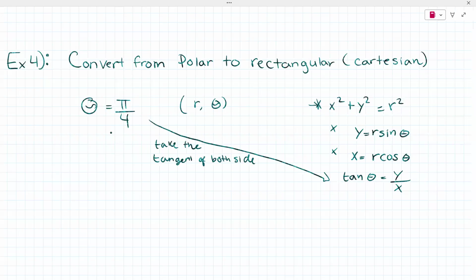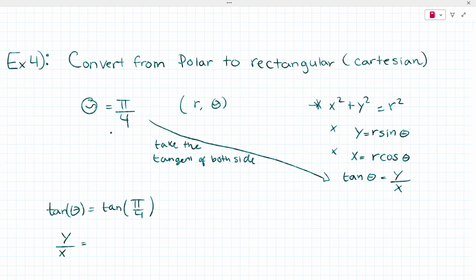right? You have to do it to both sides because it won't change the problem. If you do it on one side, you have to do it on the other side. That's the rule. So tan of theta equals tan of pi over 4, right? And tan of theta, we said, is also expressed as y over x.